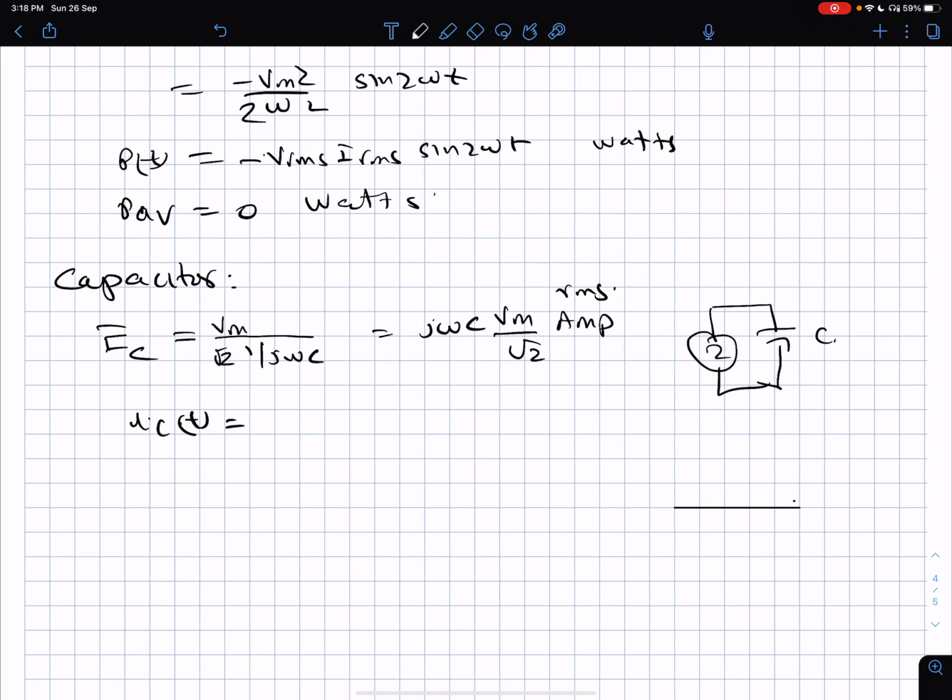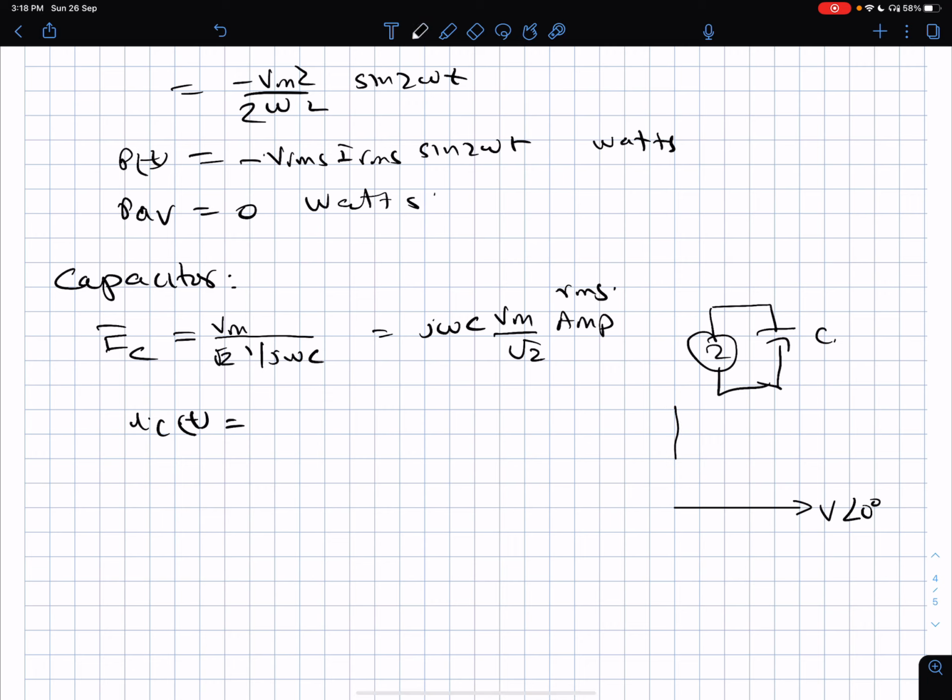Again, this is my reference phasor for the source at an angle of V0, and now unlike the inductor, the current leads by 90 degrees.